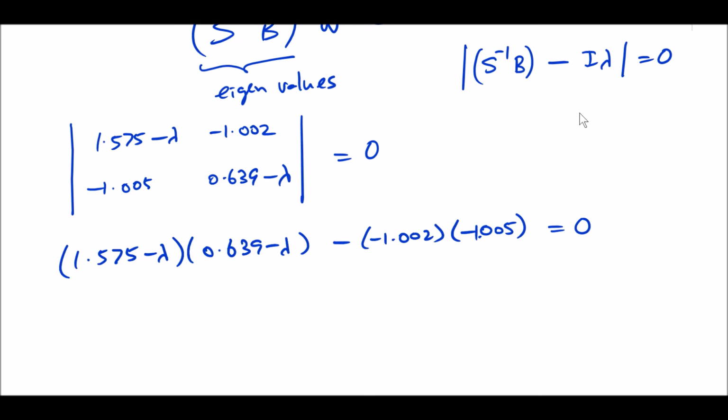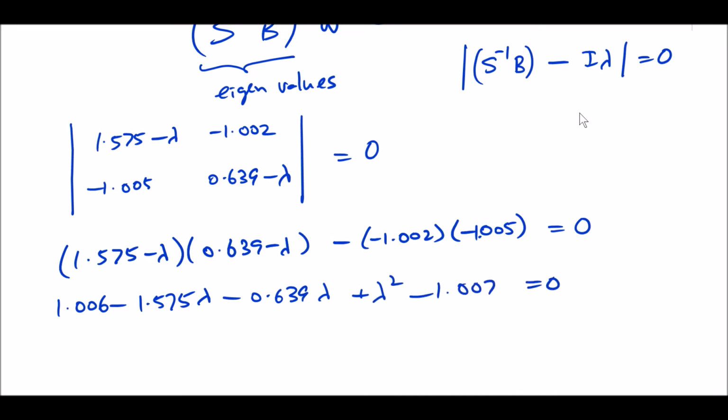Please try to simplify this here. You get maybe 1.006 minus 1.575 lambda minus 0.639 lambda plus lambda squared minus 1.007 equal to 0. So we get lambda squared minus 2.214 lambda minus 0.001 equal to 0.